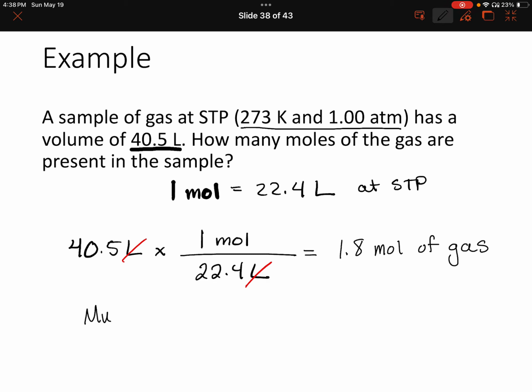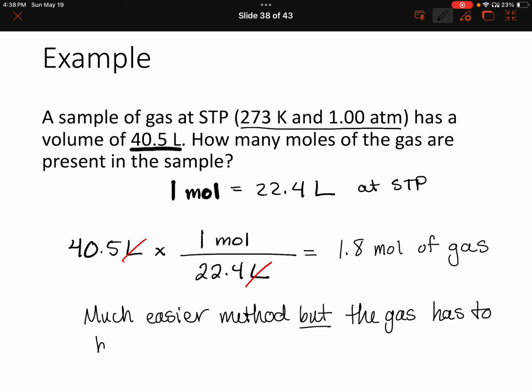So this is a much easier method. But remember, the gas has to be at 273 Kelvin and 1 atmosphere. So you can't use this conversion factor at any temperature and pressure, it has to be those very specific standard temperature and pressure.